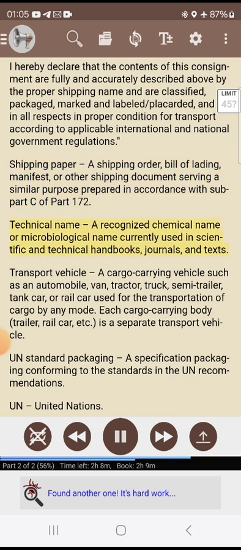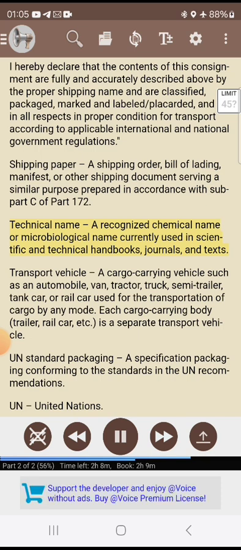Technical name, a recognized chemical name or microbiological name currently used in scientific and technical handbooks, journals, and texts. Transport vehicle, a cargo-carrying vehicle such as an automobile, van, tractor, truck, semi-trailer, tank car, or rail car used for the transportation of cargo by any mode.